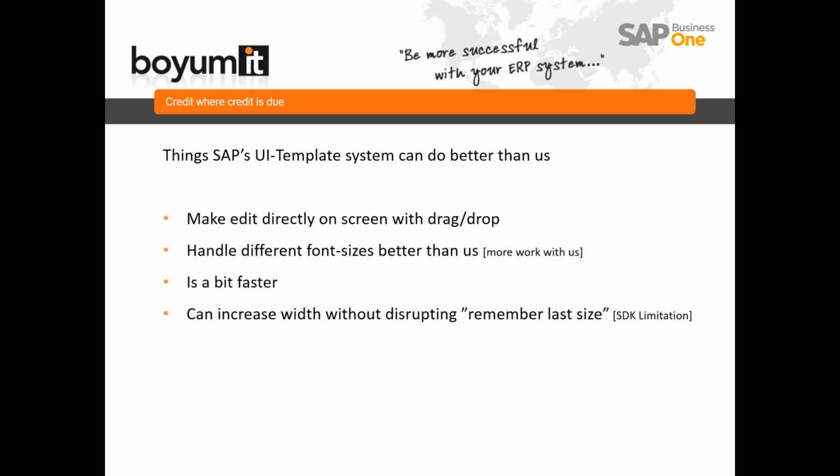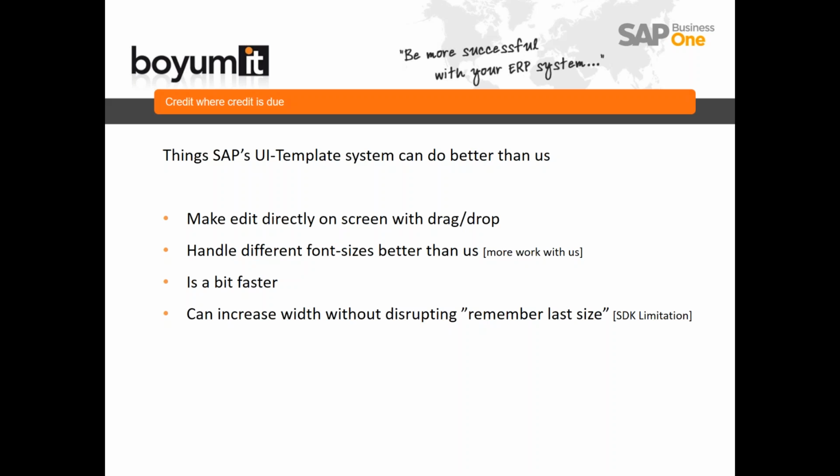When SAP normally has some functionality, we only get 80 to 90% of that functionality, and drag and drop is not one of the things we have been receiving in this SDK. If they at any point do it, I would very much like to do drag and drop with the item placement tool, but for now we need to right click. So they have an advantage on us there on the dragging and dropping around the fields.